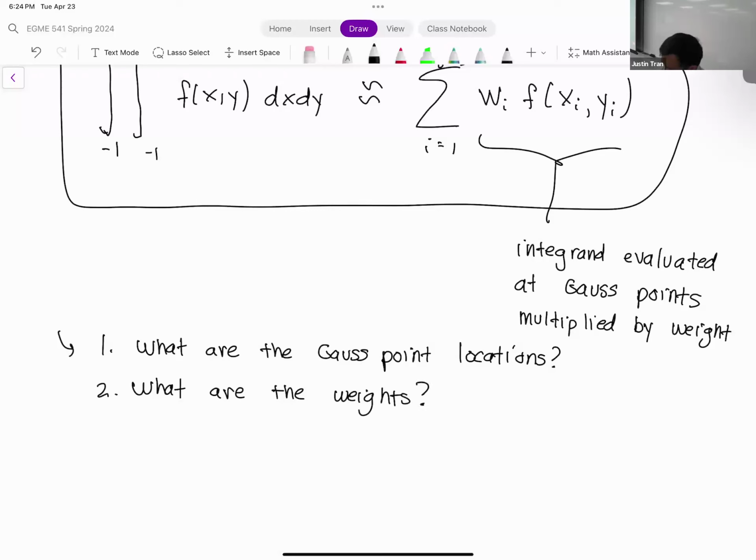So once you determine those two things, then you can perform that integration.